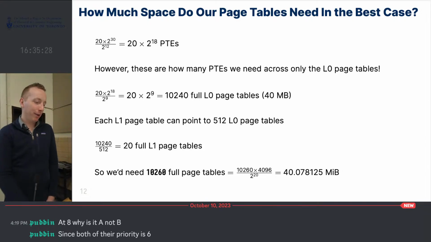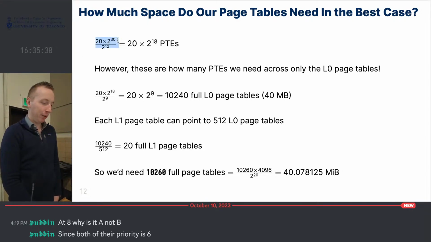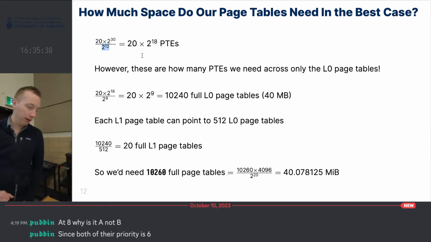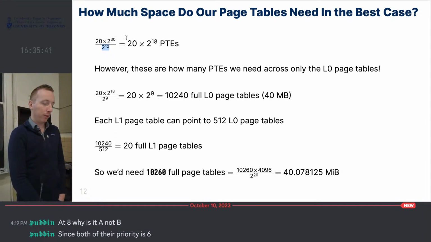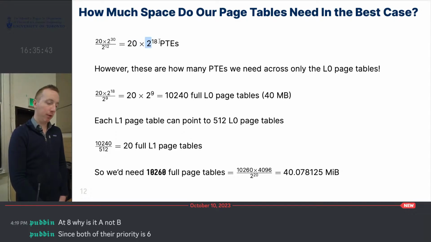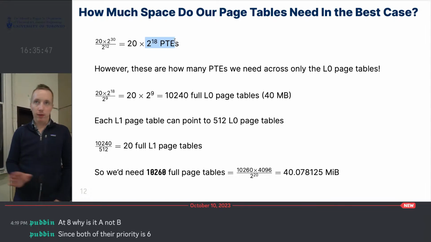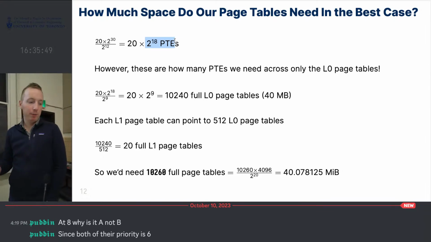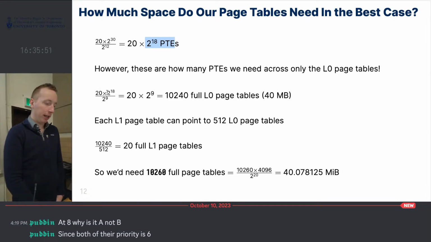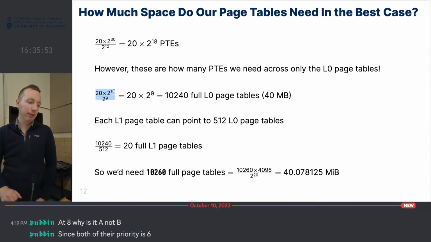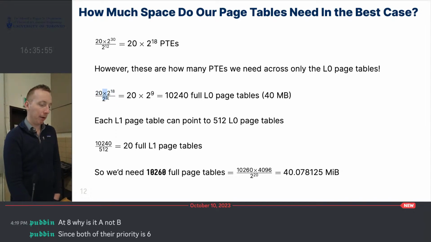So in actuality, well, yeah, we need 20 gigabytes of space, and each page is 2 to the 12. So we need 20 times 2 to the 18 page table entries. So those, again, are only for L0 page tables. So we can take the number of page table entries and divide it by the number of page table entries we can fit in each table.